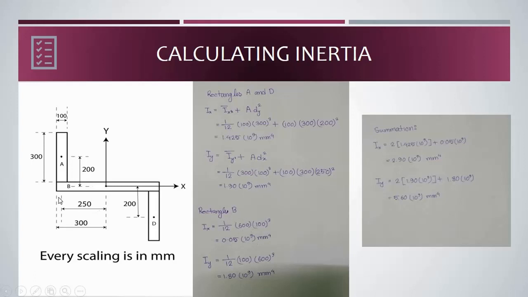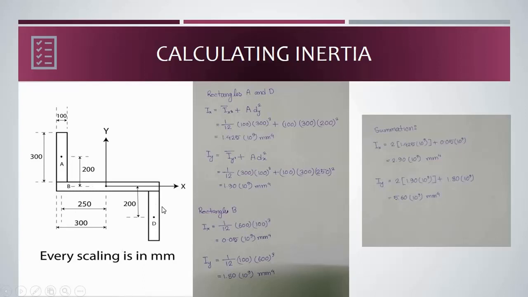Here b is the base according to the x-axis. The base is 600 and the height is 100, so 100 will be cubed.